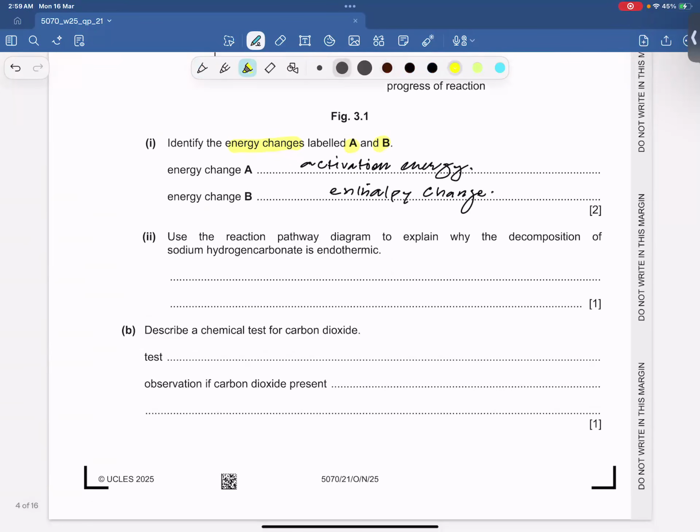Use the reaction pathway diagram to explain why the decomposition of sodium hydrogen carbonate is endothermic. Because the energy of the product is greater than that of the reactant.